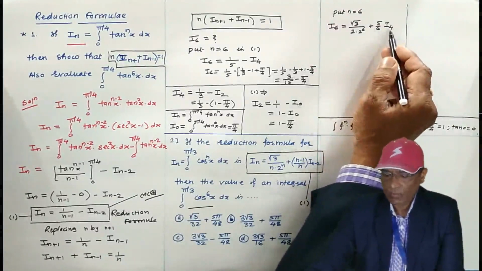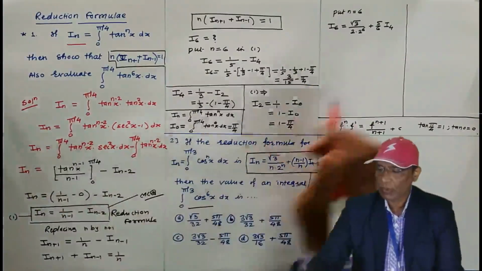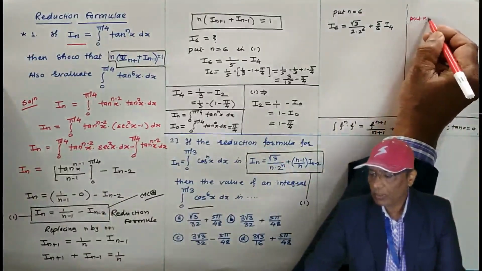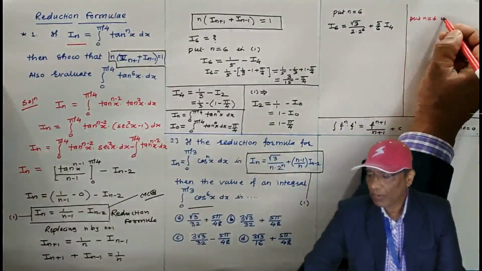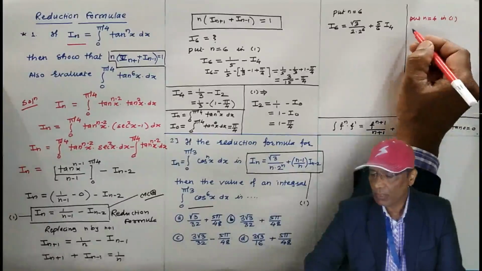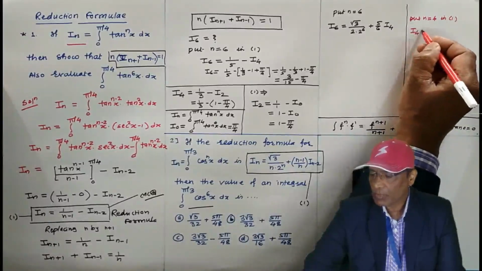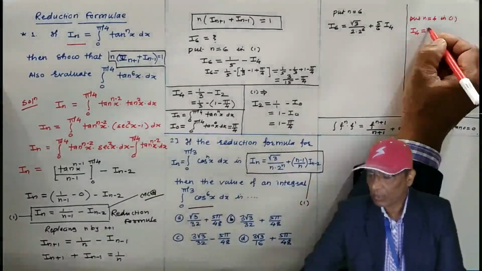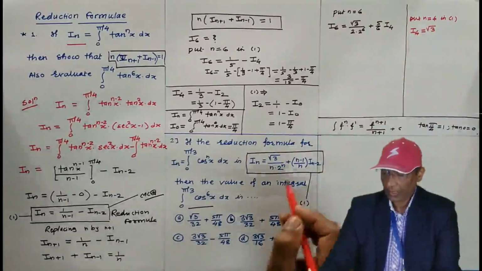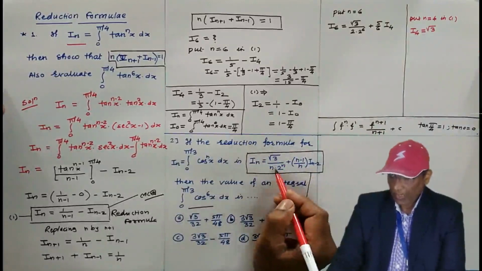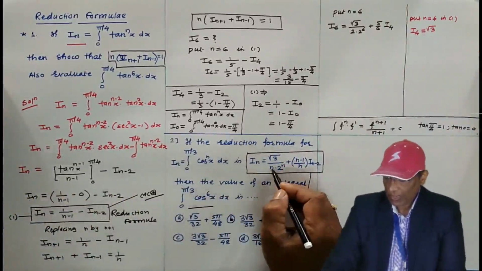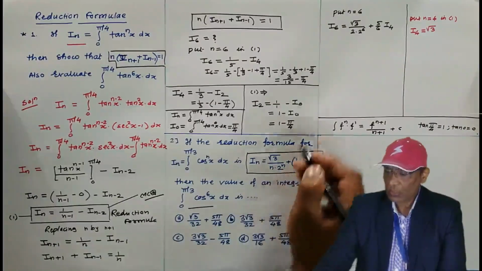Here I4 is required, so I am going to find the value of I4 separately. Put n equal to 4 in equation 1 so as to get I4. Here I was substituting n equal to 6, and 6 multiplied by 2 raised to 6 is what I want.